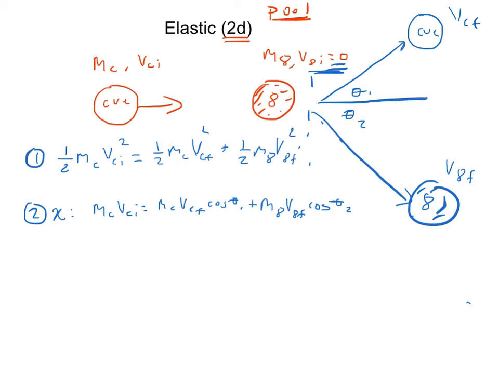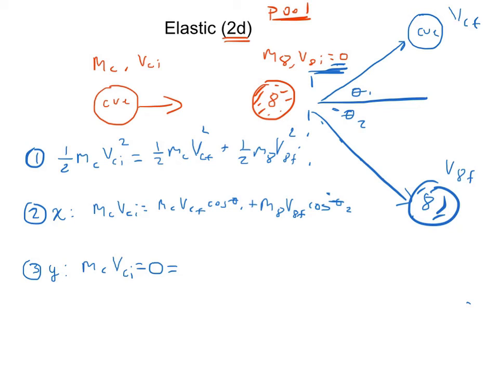And the third equation I'll get is momentum in the y direction. So mass of cue ball times the velocity of the cue ball initially in the y direction. Well, that's just 0, because initially in the y direction it's 0. And so this should equal, and remember, think of that as like negative theta 2. Negative theta 2 there, but in cosine it won't matter.